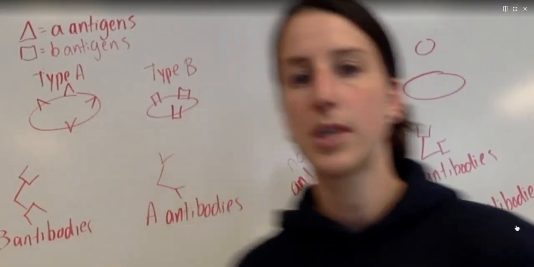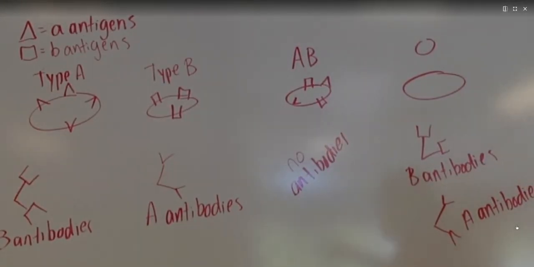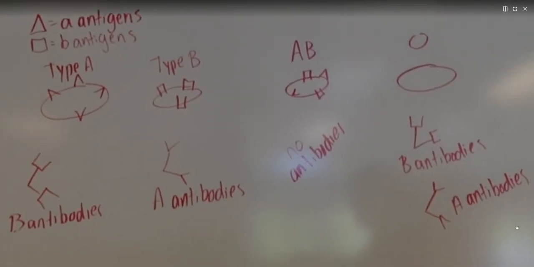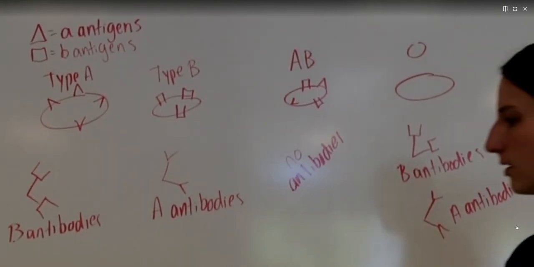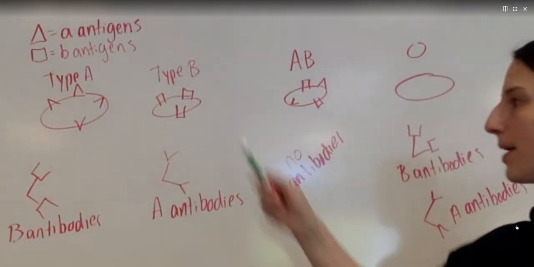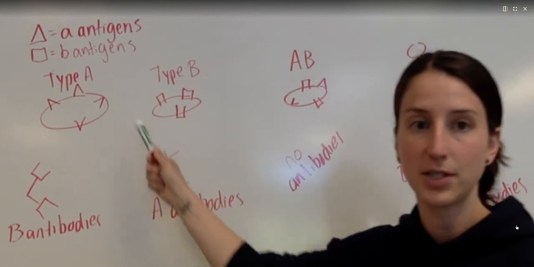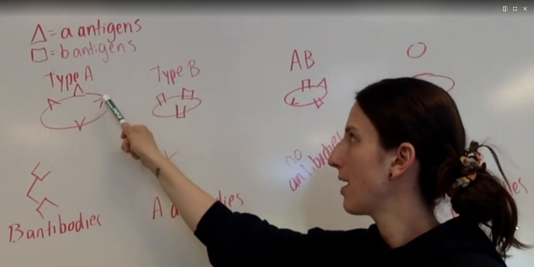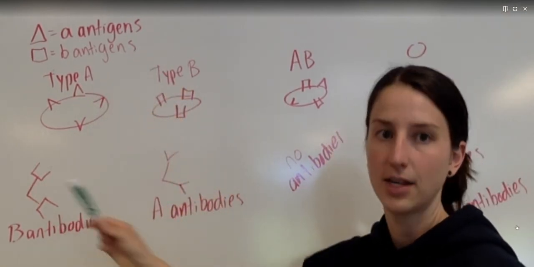Okay, so I'm just going to go back to this. So yeah, important things, type A blood. Your phenotype is type A. You've got A antigens, B antibodies.